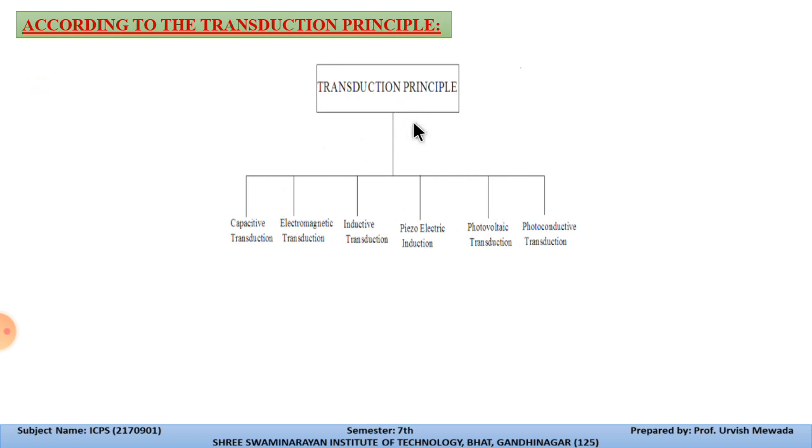So the first transduction principle is capacitive transduction, the second one is electromagnetic transduction. In the capacitive transduction we use the area of the plate, the distance between two plates, and the dielectric medium type for the measurement of the physical quantity into the electrical signal.